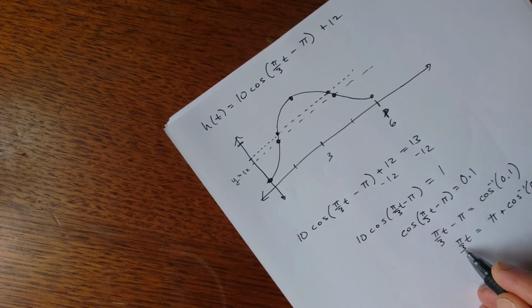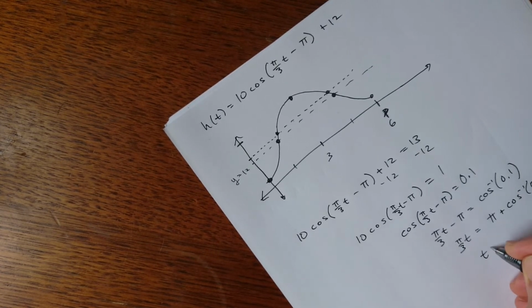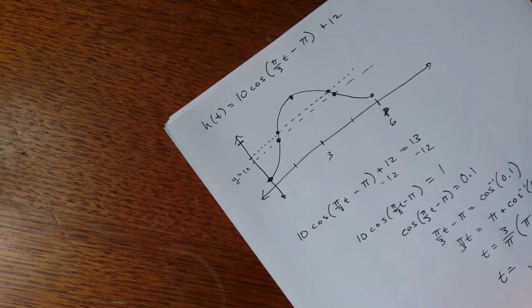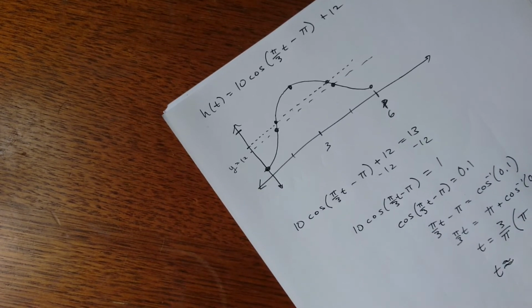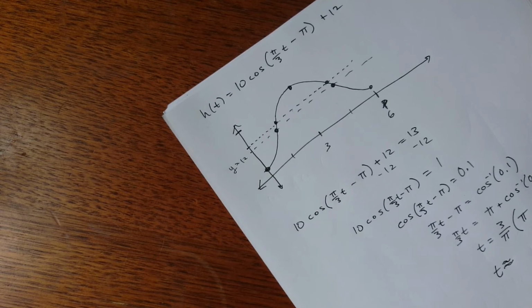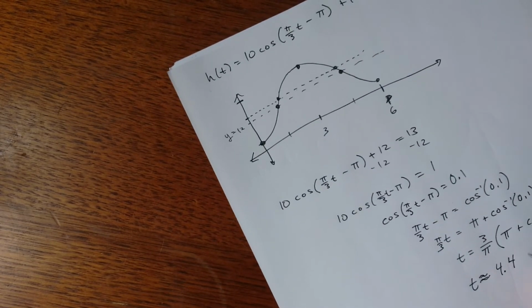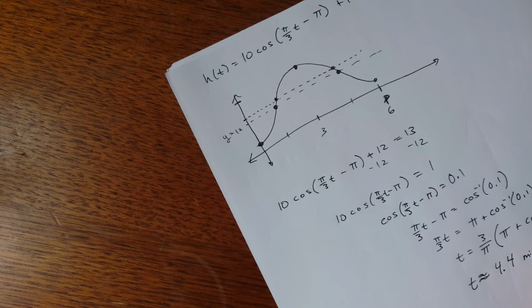And then multiply both sides by the reciprocal, or 3 over pi. And this gives me a decimal approximation. This turns out to be, I'm going to round it to the nearest tenth, 4.4 minutes.